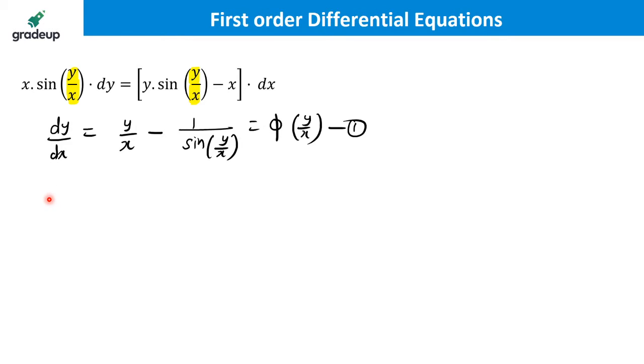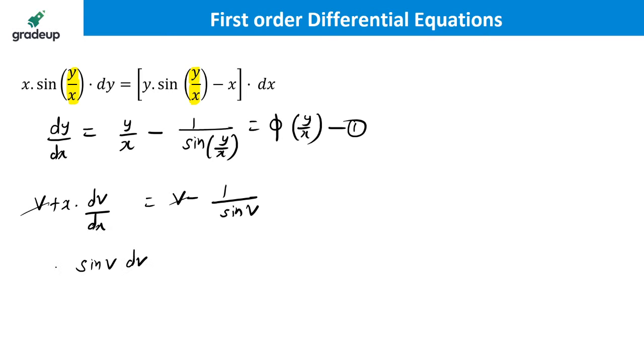So what to do in order to solve a homogeneous differential equation? You have to put y by x equal to v. So this right hand side will become v upon 1 upon sin v, and dy by dx after this substitution will become v plus x dv by dx. So we can say that this v and v get cancelled. You can separate the variables.